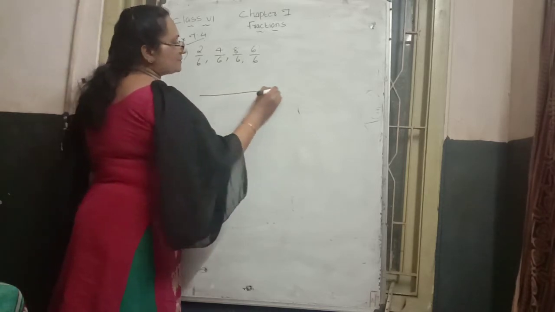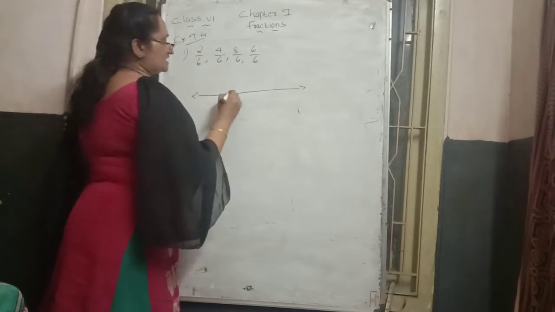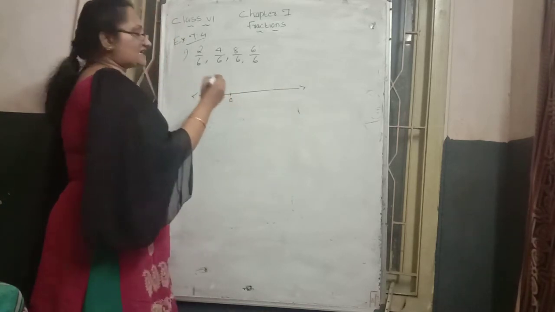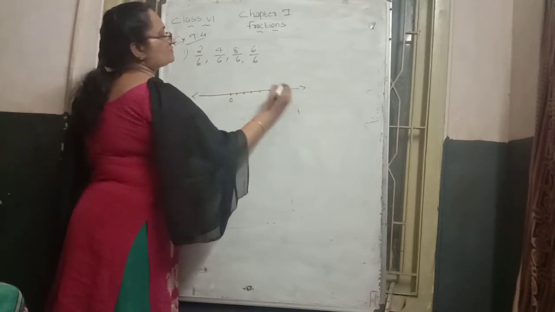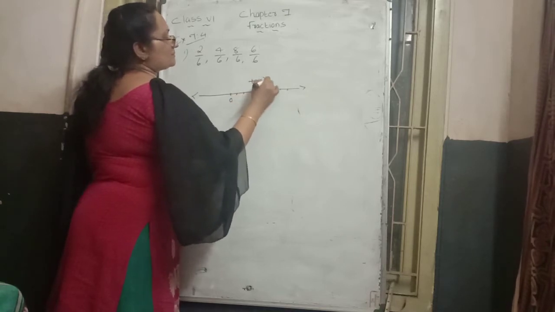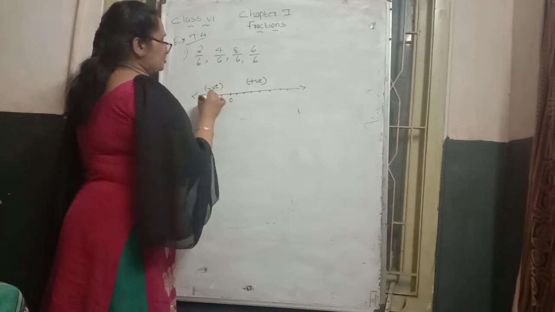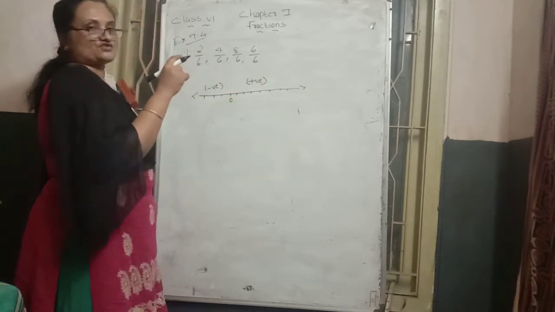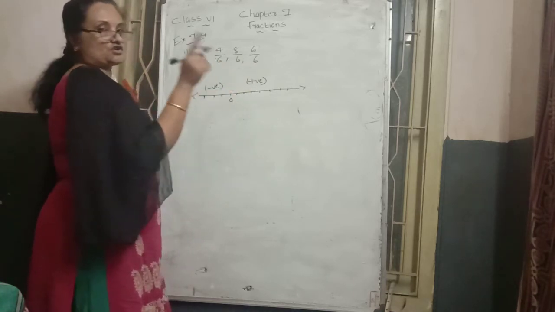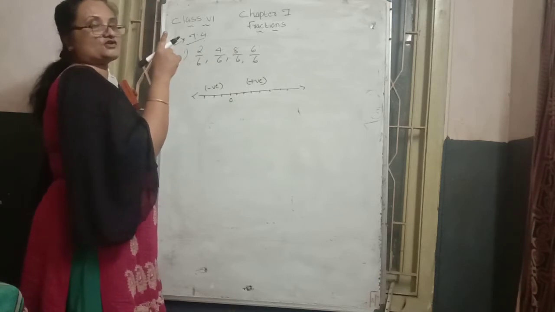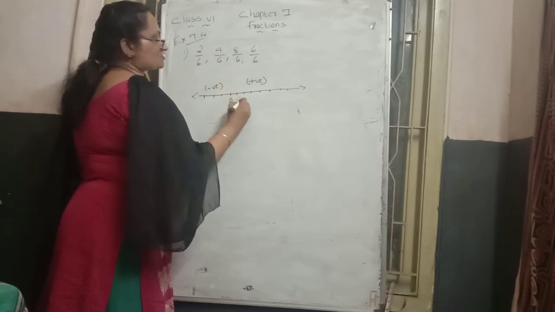First we draw a straight number line using a scale and pencil, and mark the point 0. Using a scale of 1 centimeter, the right side of 0 represents positive values and the left side of 0 represents negative values. We separate the line in 1 centimeter steps. Here the denominator is 6, so we write 1 by 6.